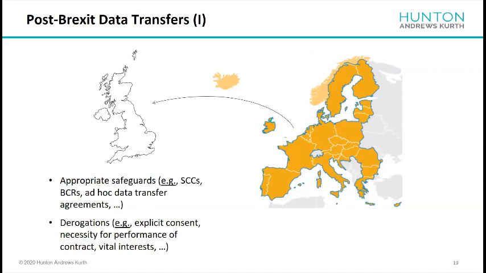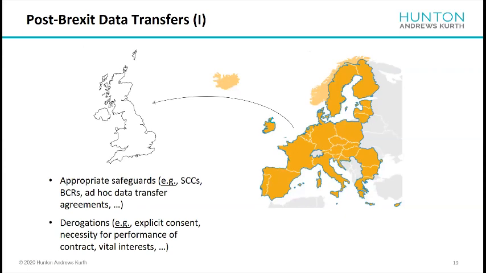What we're seeing in practice is that many companies are combining their data flow mapping efforts in response to the Schrems II ruling of the Court of Justice of the European Union, which also forced many companies to reassess their data flows and the related compliance strategy, with the efforts required to remediate transfer gaps resulting from Brexit.